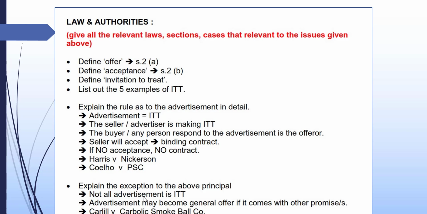Because not all advertisements are ITT. The advertisement may become a general offer if it comes with another promise. And you have to explain in detail the case of Carlill versus Carbolic Smoke Ball Company. So all these you need to explain in detail for the law and authorities.